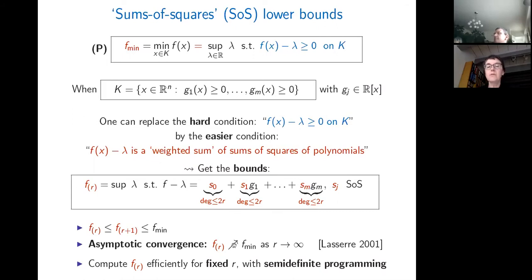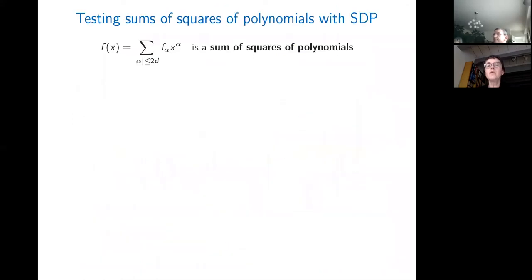I suppose that most of you know this, but I have inserted one such slide for the people who maybe are less familiar with this fact, because this is really the workhorse of the whole theory. So the claim once more is that one can test sums of squares of polynomials using semi-definite programming.